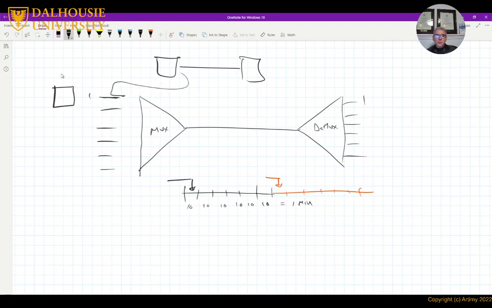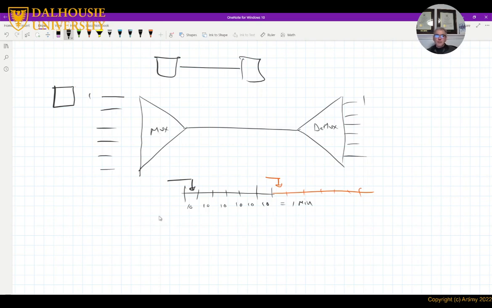So I don't want the node itself to be aware of the multiplexing technique, whether it's frequency division or wavelength division or time division. So how do I make sure that it's transparent? I will tell the node to send anytime they want. Don't worry about the multiplexing. Just send whenever you want.